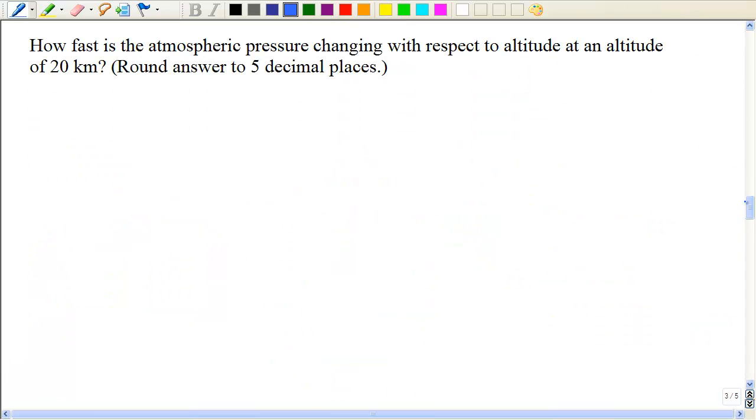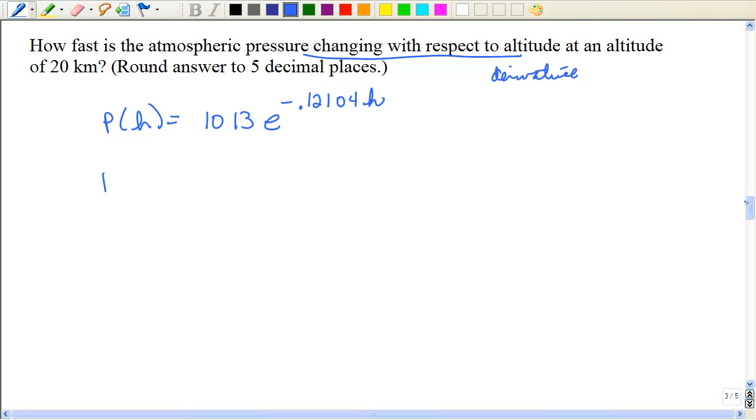Now it asks us how fast is the atmospheric pressure changing with respect to altitude. Whenever you see that, how is it changing, that means you need to take the derivative. All right, so if we have, remember our model, we need to take the derivative of that. So we leave that constant alone.